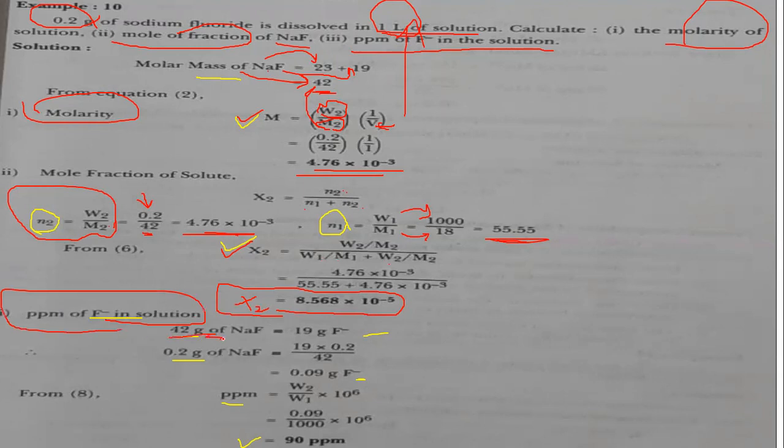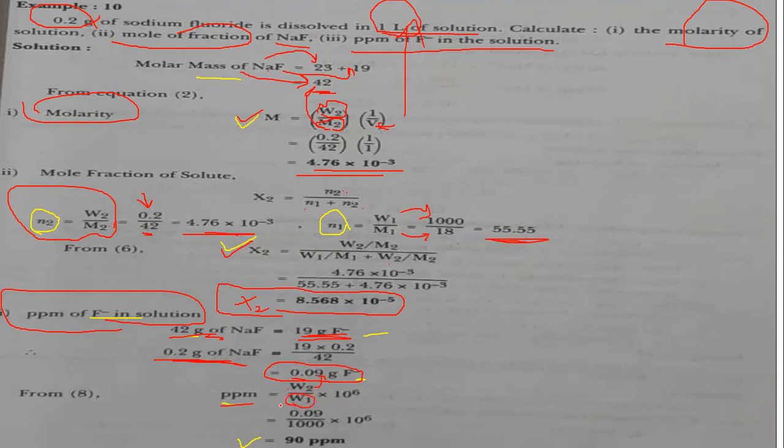42 gram of NaF contains 19 gram of fluoride, right? Therefore 0.2 gram of NaF contains how much gram of fluoride? It's 0.09 gram of fluoride. So in ppm, what is W2? 0.09 gram fluoride. What is W1?